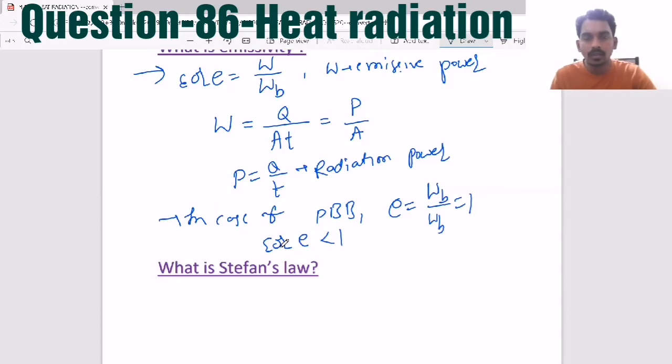But one thing you have to remember: any body at any temperature always emits radiation. So emission and absorption of radiation happen simultaneously. If emission is more, there is a decrease in temperature. If absorption is more, there is an increase in temperature. But there is always some emission of heat energy from every body at every temperature.